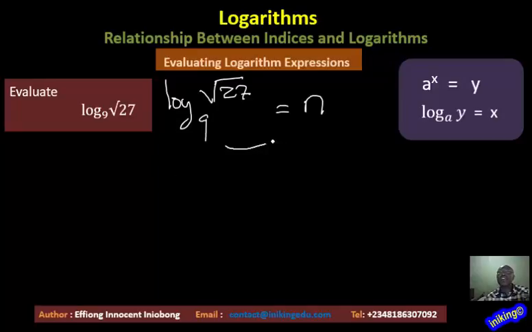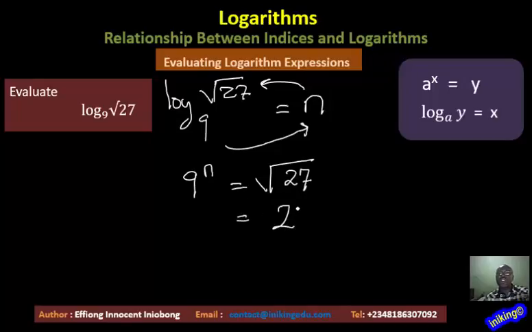That means that 9 raised to the power of n must be equal to the root of 27. So I write this out in exponential form. 9 raised to the power of n is equal to the root of 27.